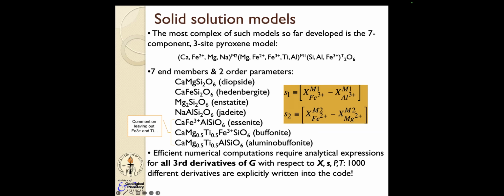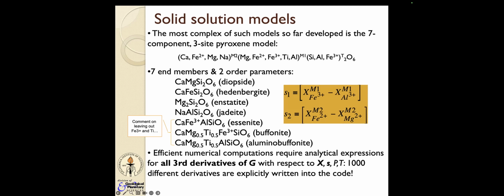They have some components that you've heard of, like diopside and hedenbergite and enstatite and jadeite to get sodium in there. But the ferric iron, aluminum, and titanium contents of pyroxene are expressed using these three components that were made up for this purpose. And you can see that acmite has ferric iron and aluminum, buffonite has titanium and ferric iron, and alumino-buffonite has titanium and aluminum.